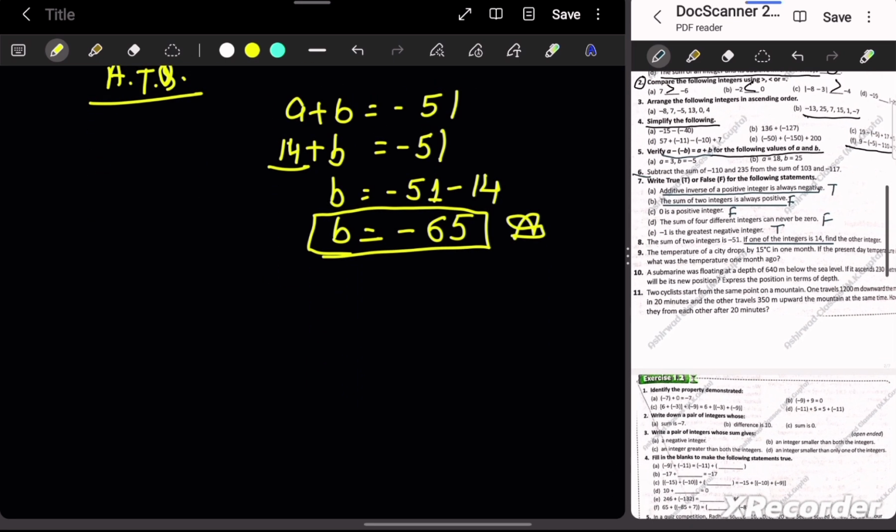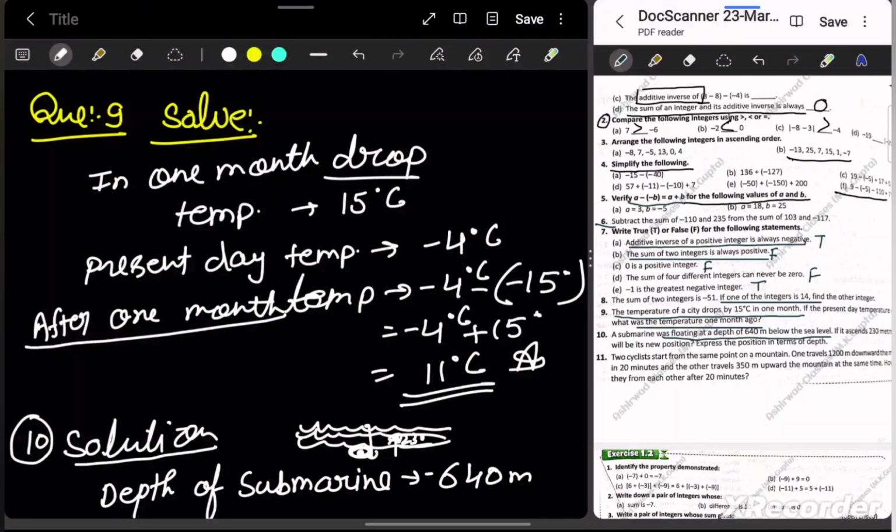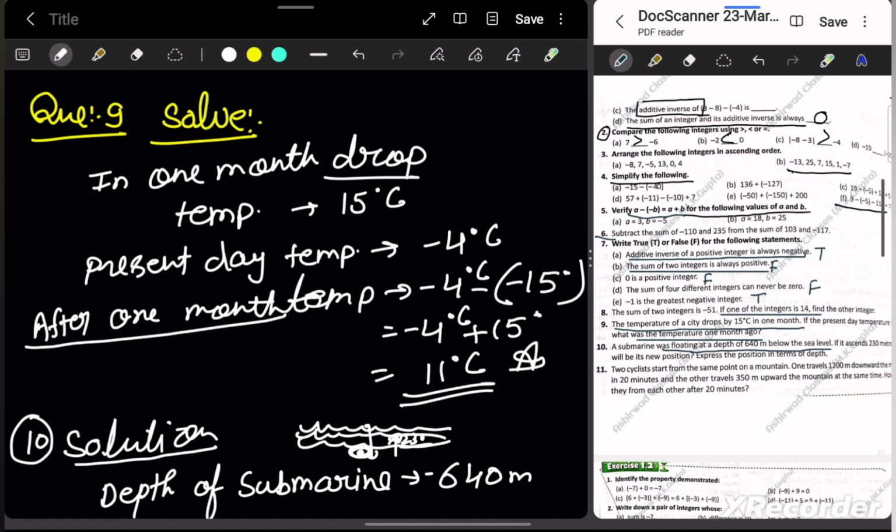Now next question, question number 9. The temperature of a city drops by 15 degrees centigrade in 1 month. If the present day temperature, here it is not clear what is right.